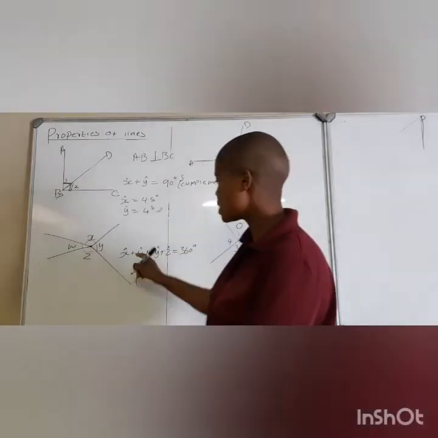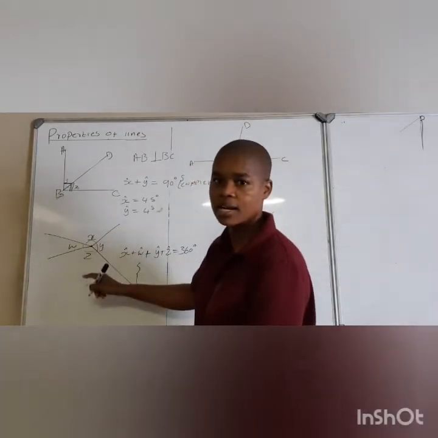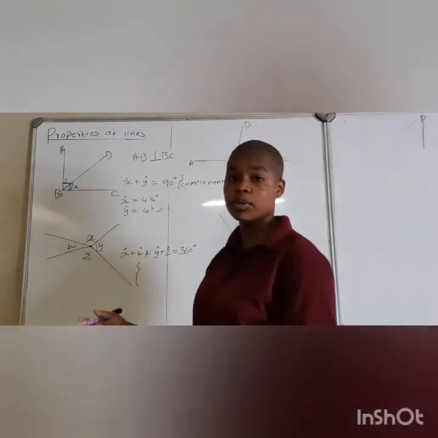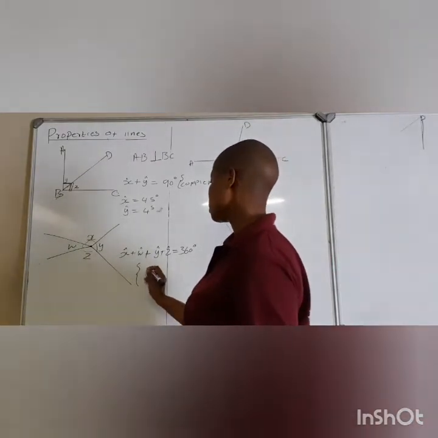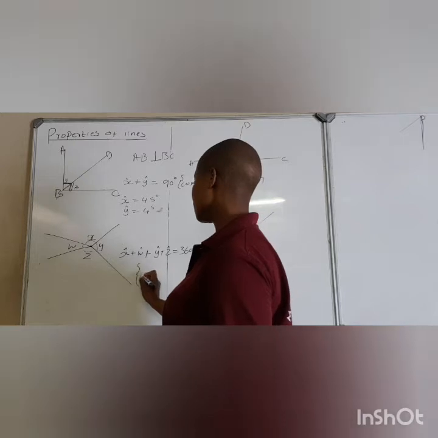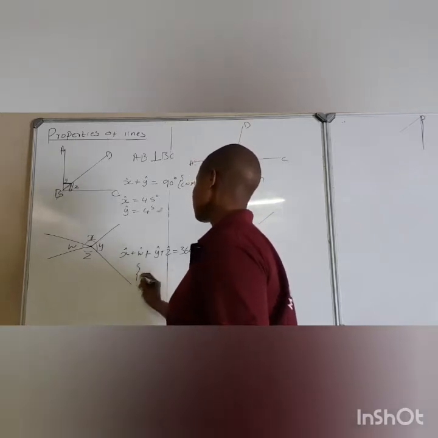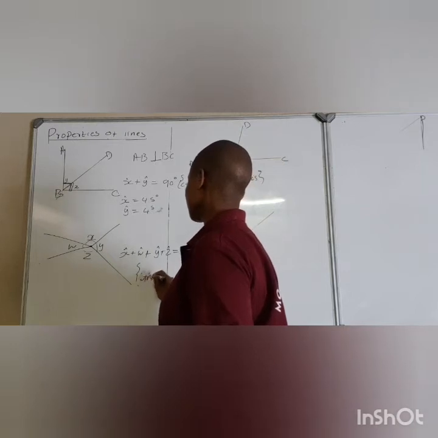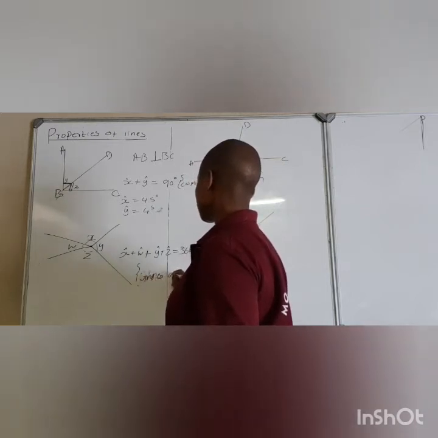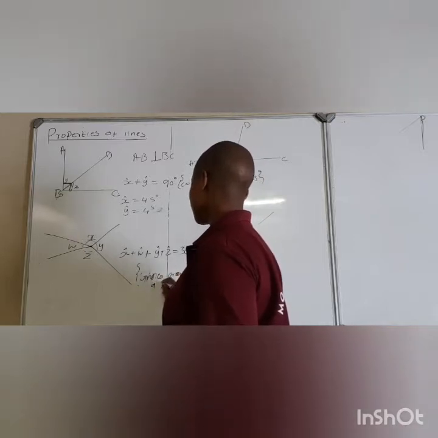Why? They told us these are angles around a point. Angles around a point add up to 360. So my reason will be angles around a point.